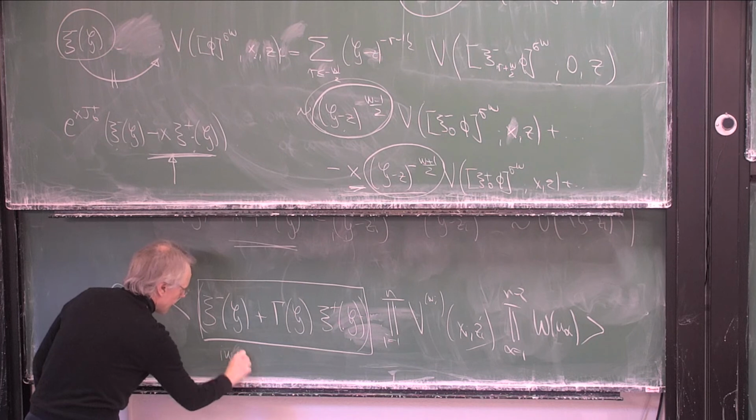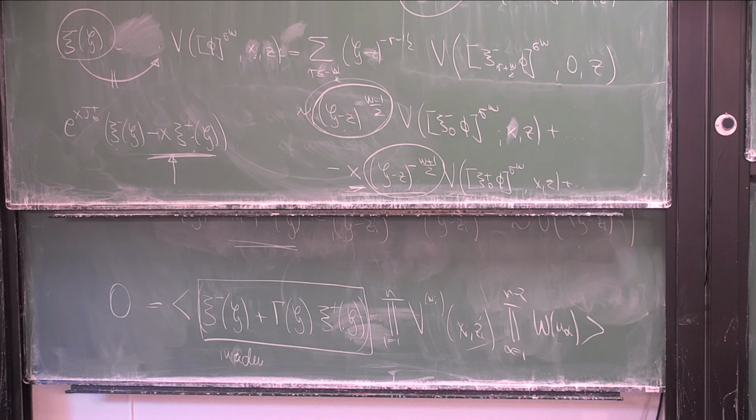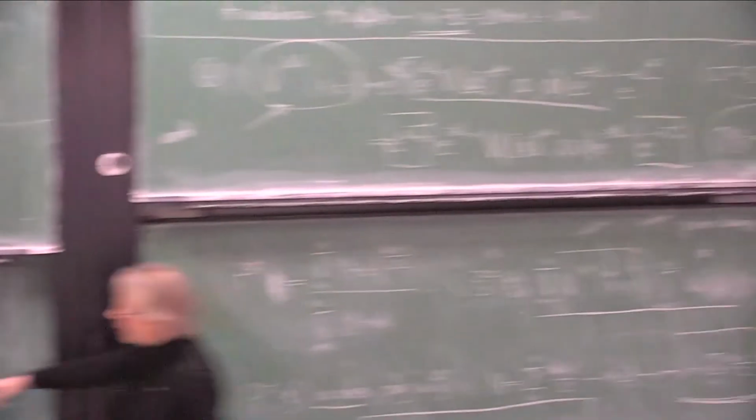Oh, why is it 0? Well, this is basically this current, right? This is this relation, and because this is everywhere 0, you can show that this correlator is actually equal to 0.